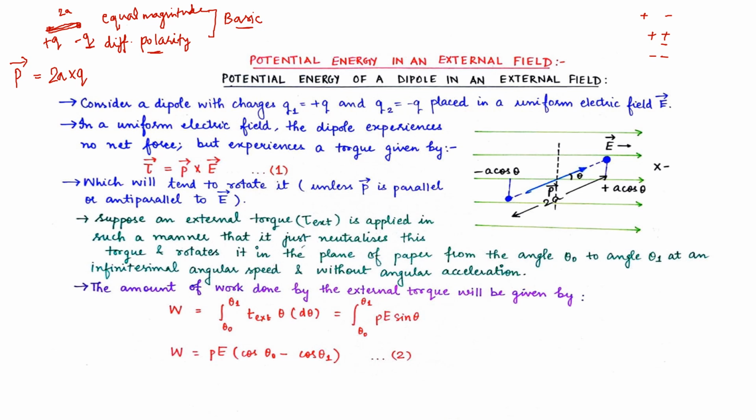Now we are considering a dipole with charges q1, equal to plus q, and q2, equal to minus q, placed in a uniform electric field. This electric field is external. As we know this is external, we are not mentioning ext everywhere.